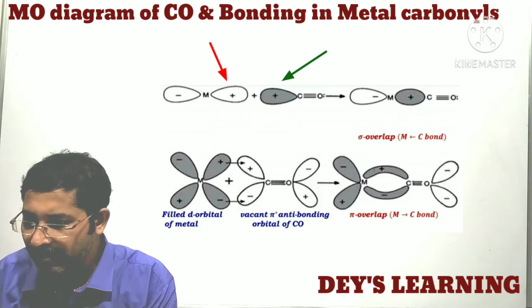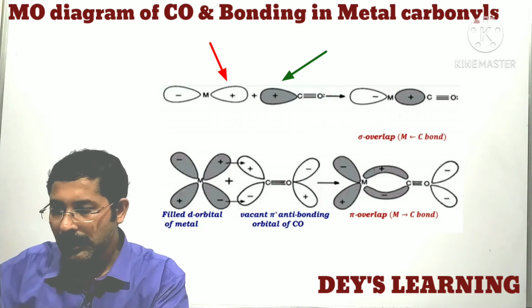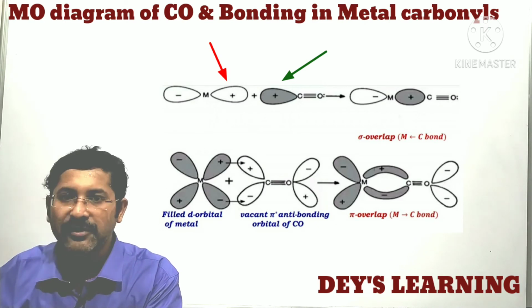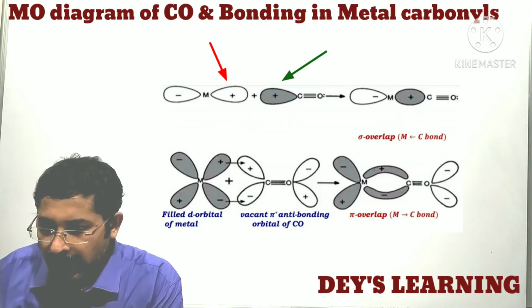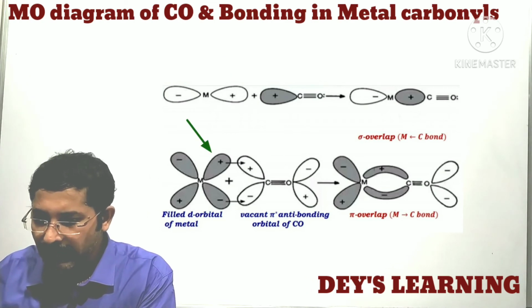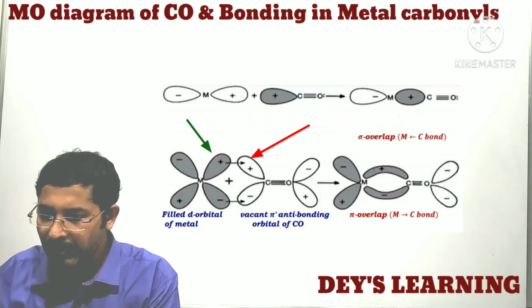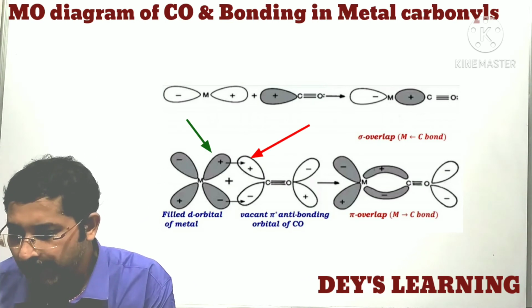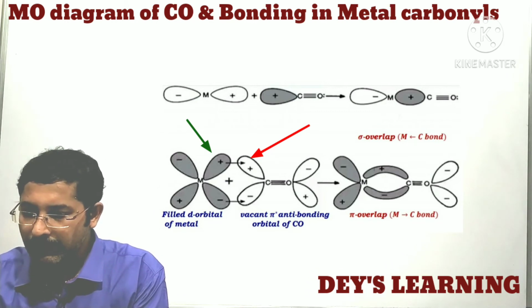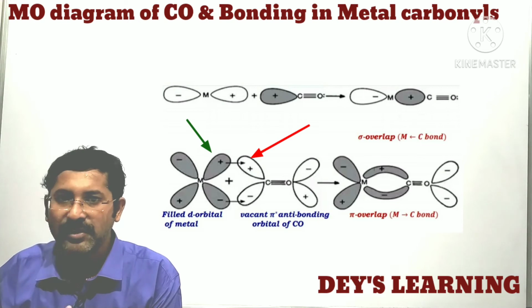This sigma overlap is obtained, and the carbon to metal sigma bond is formed. And in a similar way, the metal has filled d orbital from which it can donate the electron pair to the vacant antibonding orbital of carbon monoxide to form this pi overlap. There is the pi bond which is formed by the electron donation from the metal to carbon.